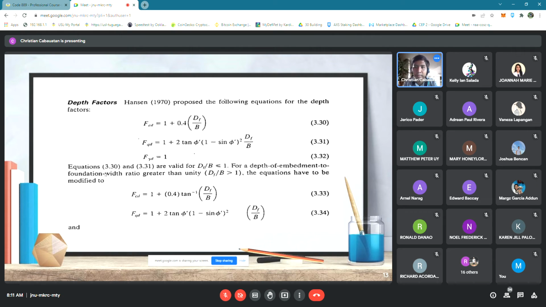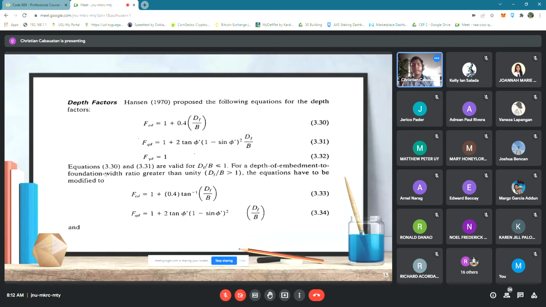I will be editing this later. So FCD is 1 plus 0.4 times DF over B. Please disregard the tan inverse there. For FQD, 1 plus 2 tan phi times 1 minus sine phi squared times DF over B.